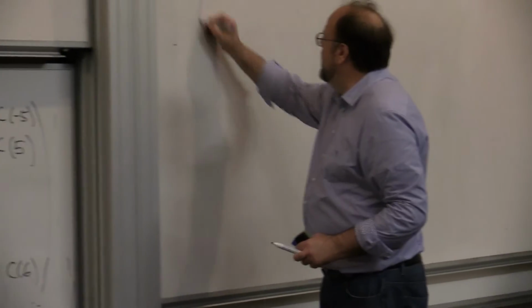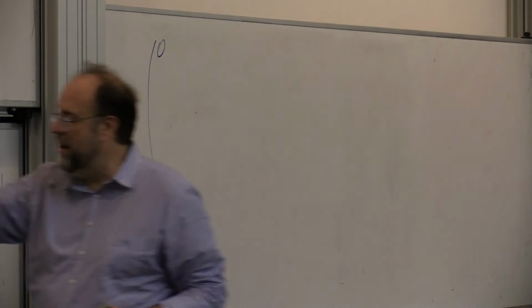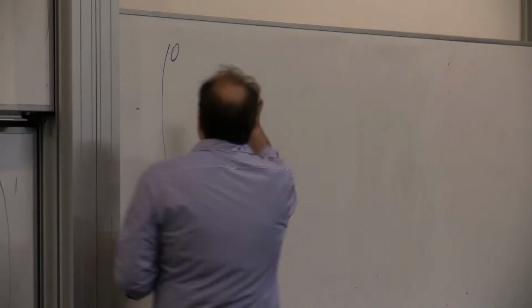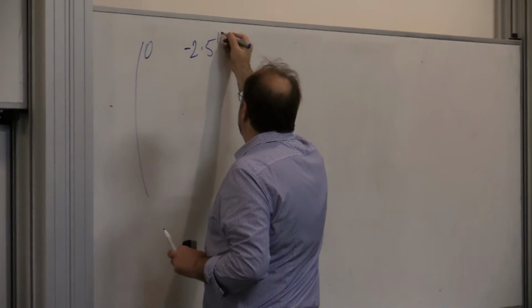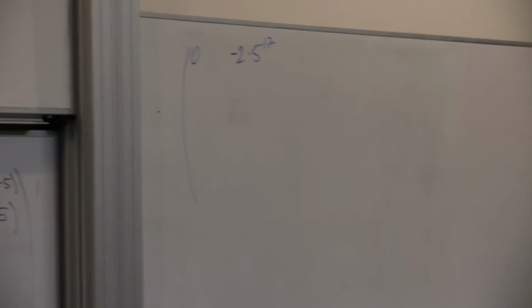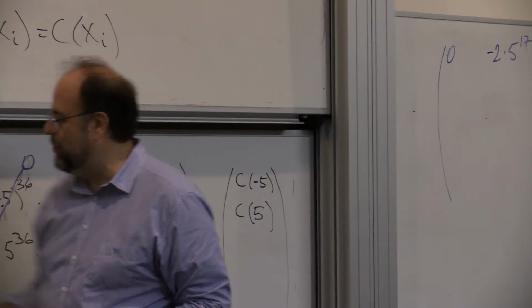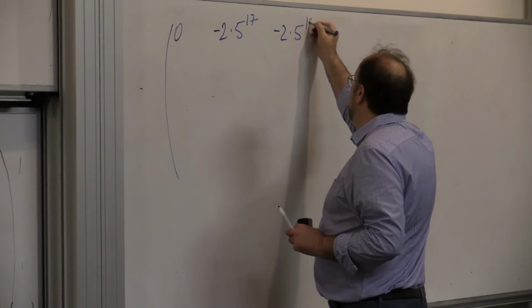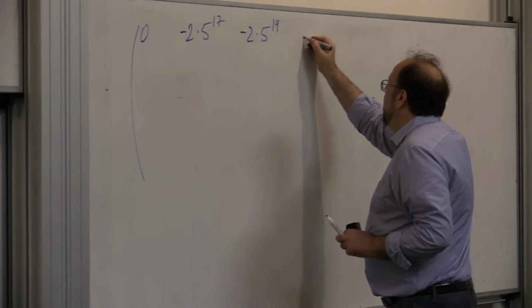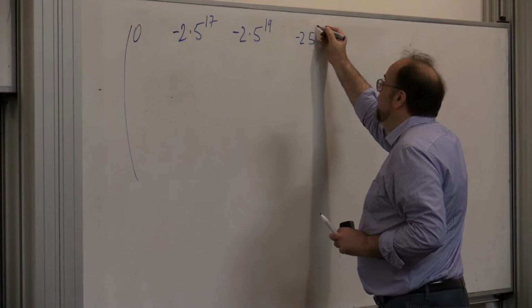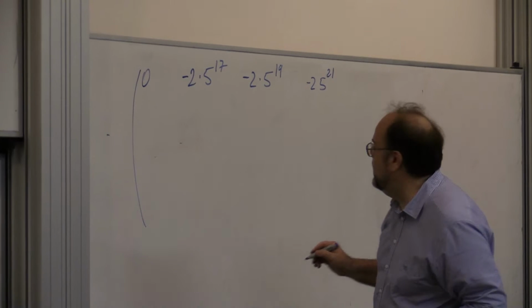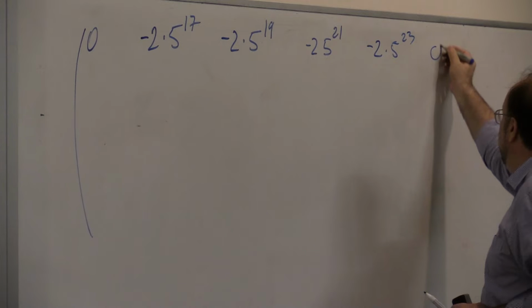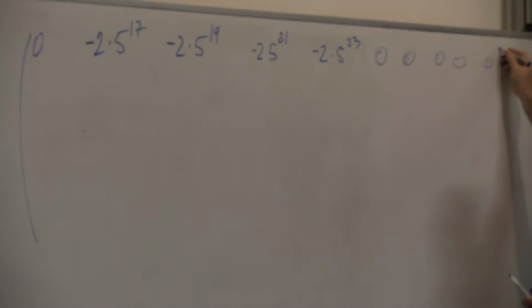My matrix starts looking as 0, and then here it will be minus 2 times 5 to the 17, because the minus can go outside and this is multiplied by minus 1, then minus 2 times 5 to the 19, minus 2 times 5 to the 21, and minus 2 times 5 to the 23, and then zeros everywhere, right?